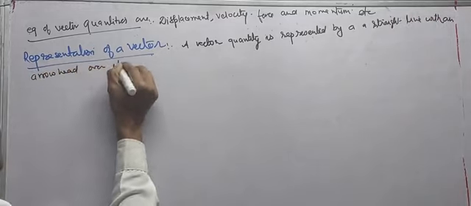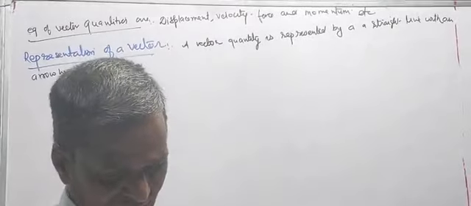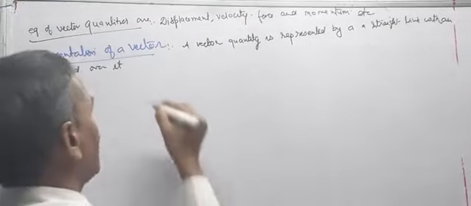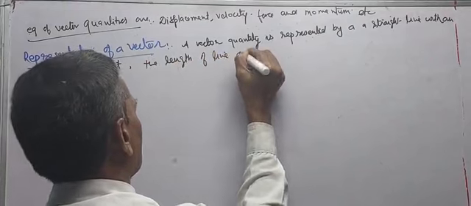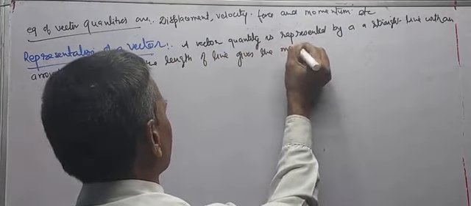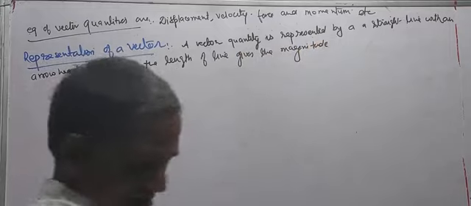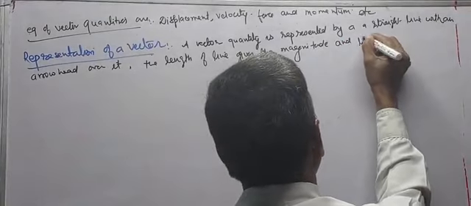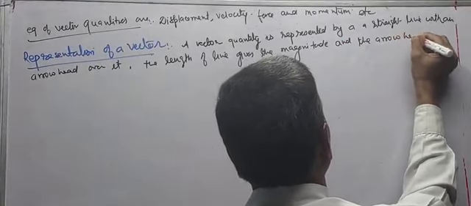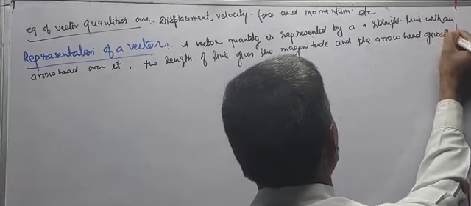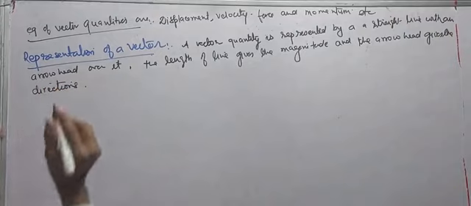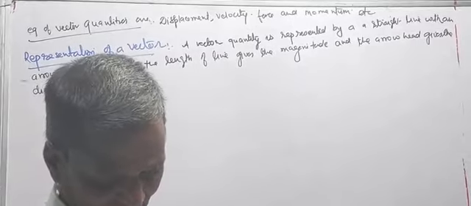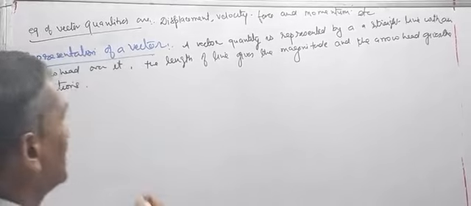The length of the line gives the magnitude, and the arrowhead gives the direction.